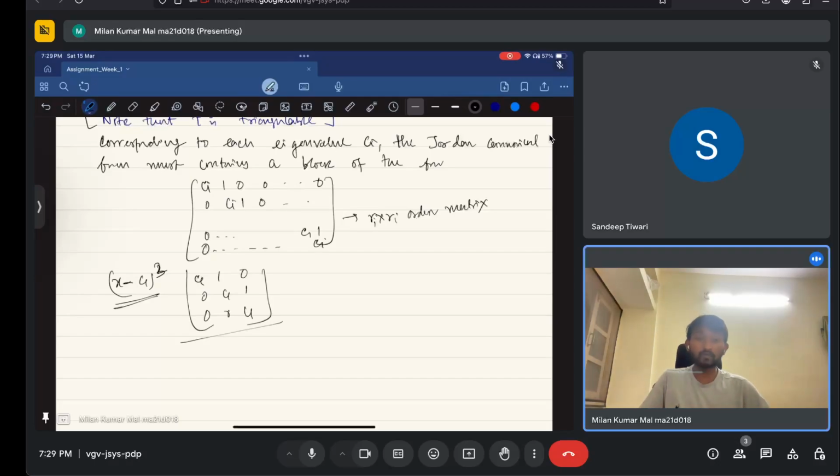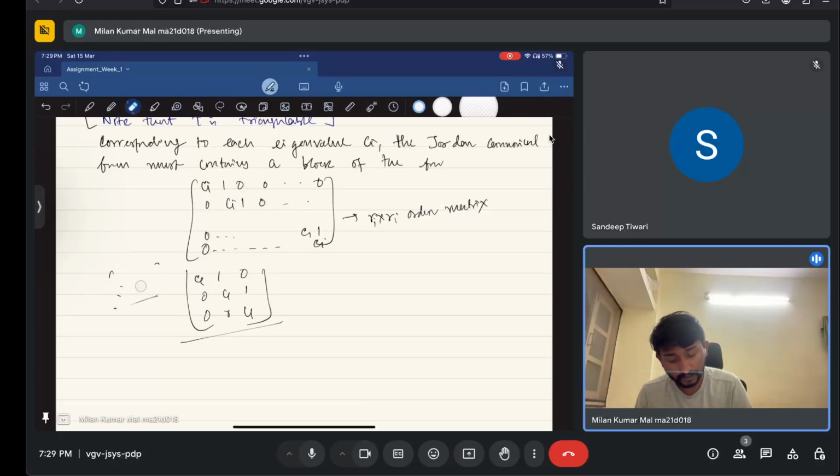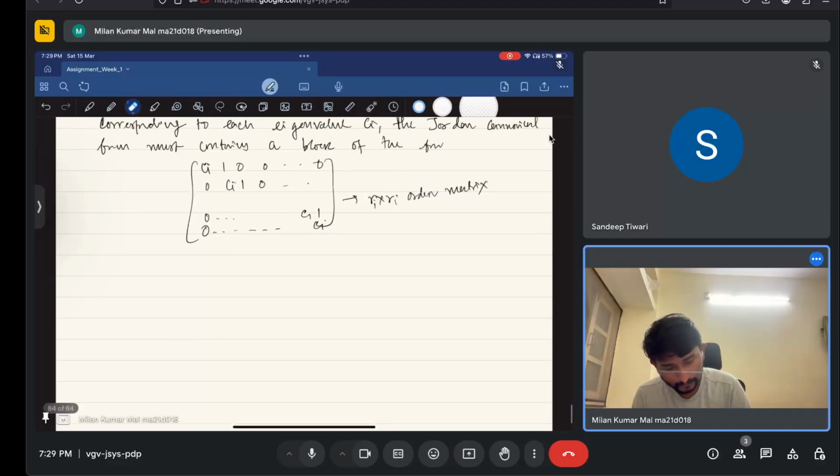If the minimal polynomial contains this factor corresponding to the eigenvalue C1, then at least one such block will be there, and in general the order of that block is given by the power. How this block is positioned, I'm just going to say a little later. But the first block is this, and all other blocks.